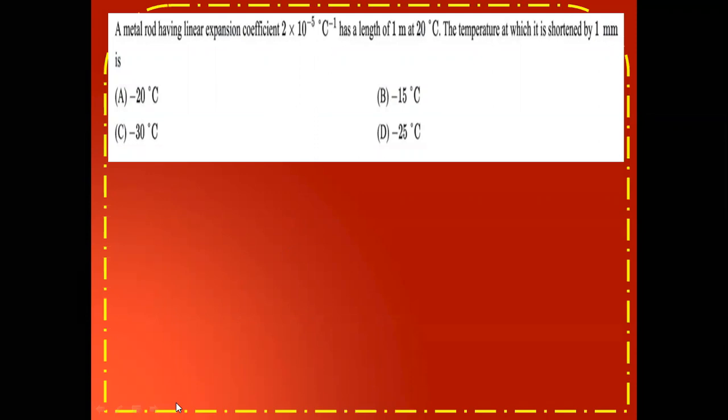See here what data is given and how to do this problem. A metal rod having linear expansion coefficient 2 into 10 power minus 5 per degree Celsius.